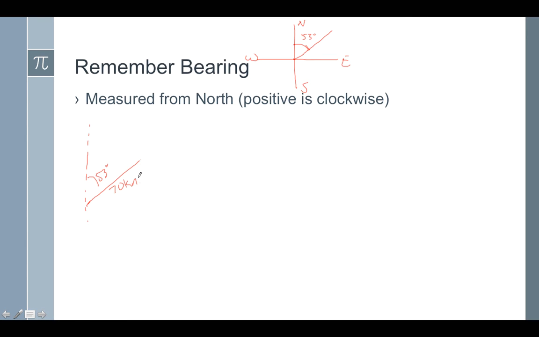And then at some point in time after 2 hours, we changed directions. From there, we traveled a 143 bearing. So 143 from north, there's 90, and another 50 will get you to 143 degrees. And here you traveled for another 3 hours at the same pace.